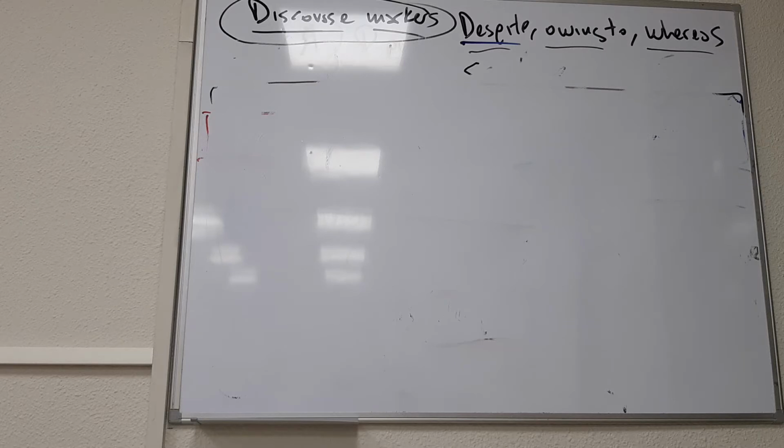In any case, en cualquier caso. For instance, conversely, that's a difficult one. Conversely, I have an example here. That one is difficult to translate. I'm going to show it to you here.